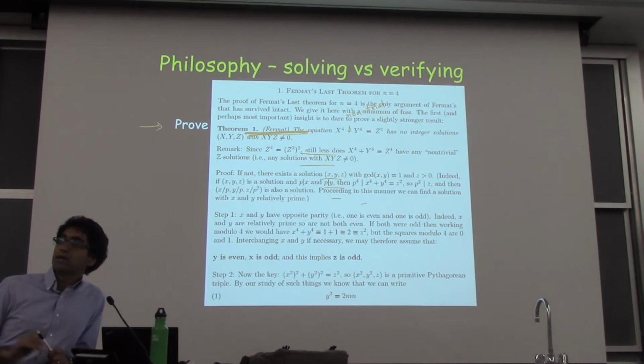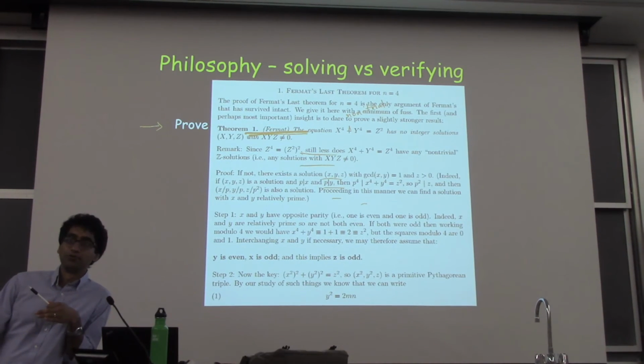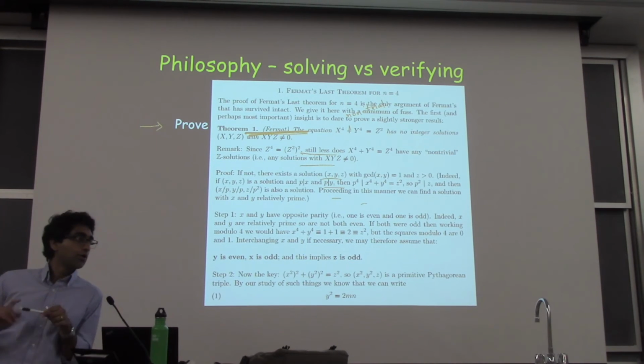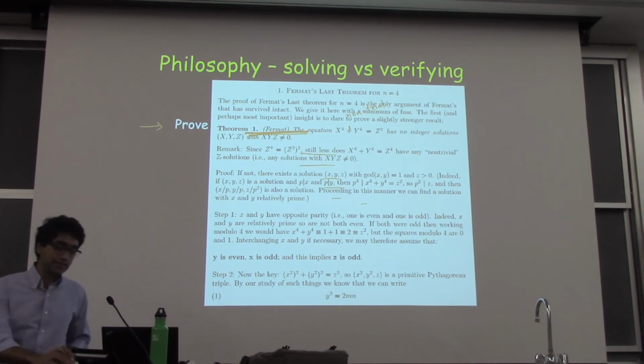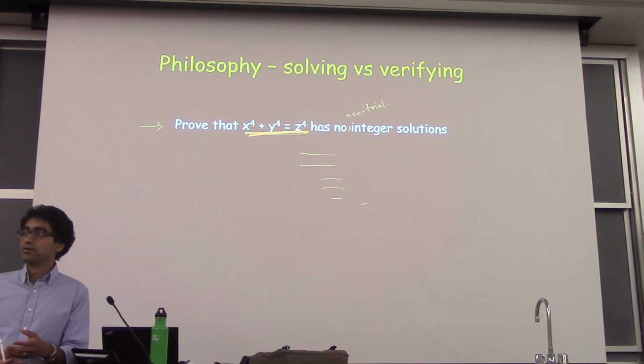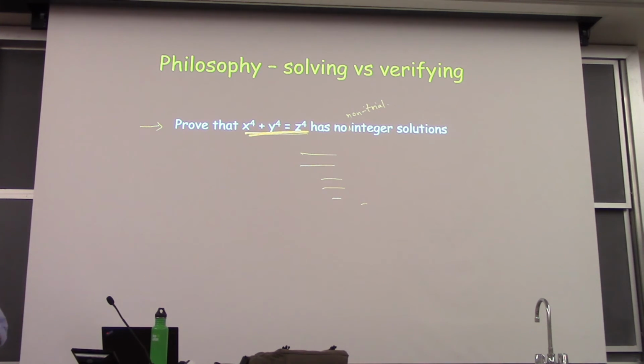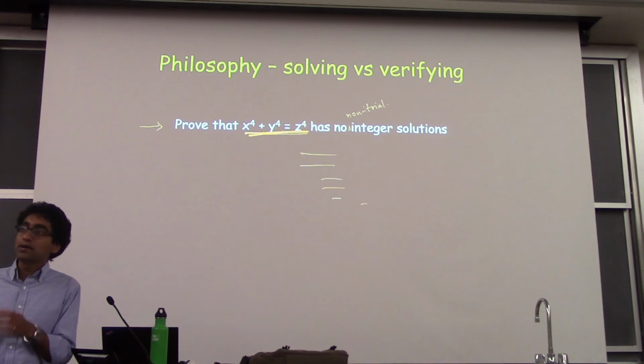But now suppose I ask you to come up with the proof. I guess all of you will agree that coming up with a proof is significantly harder than verifying that it's correct. Like when you have a tough homework and you see the solutions, you're like, oh okay, this is how you do it. You can verify that it's correct, but coming up with it is tricky.